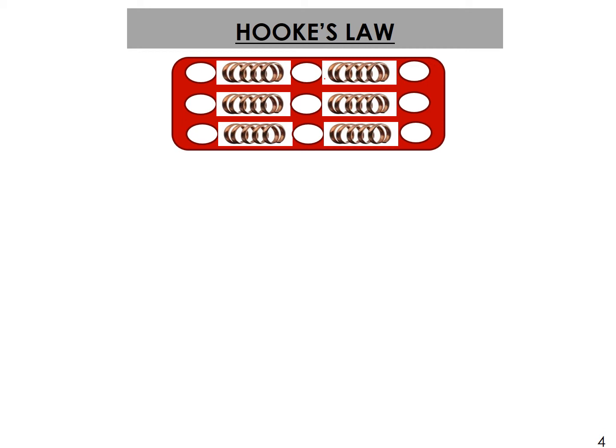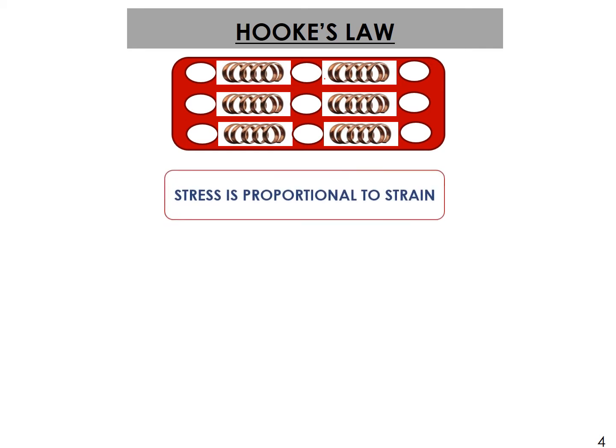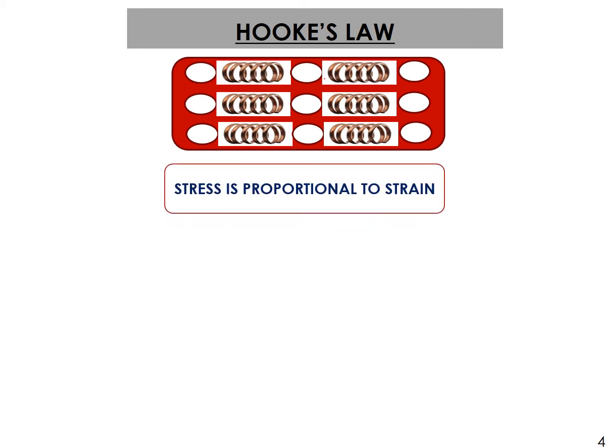This was discovered by Hooke, and he devised a law based on his experiments. That's what I am going to discuss right now. As I told you, when you apply load, or stress, it will cause the spring to deflect. So as per Hooke's law, stress is proportional to strain.